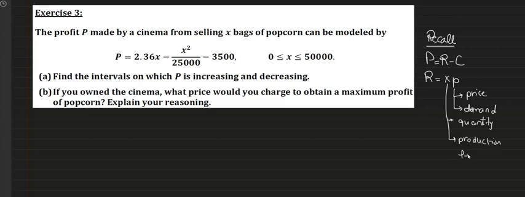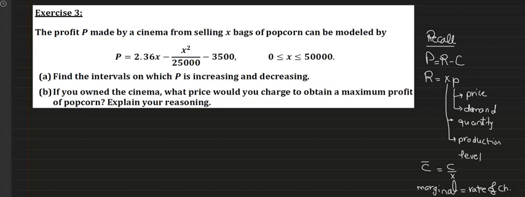It's the same thing when we say the quantity of the production. And we got the average cost, which was the total cost divided by X. We also got the word marginal, and marginal means the rate of change or the derivative simply. So this is the derivative of something.